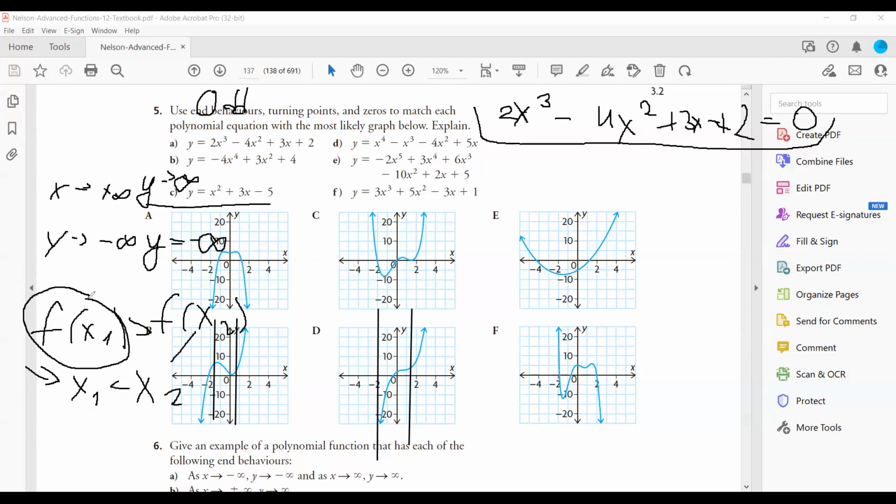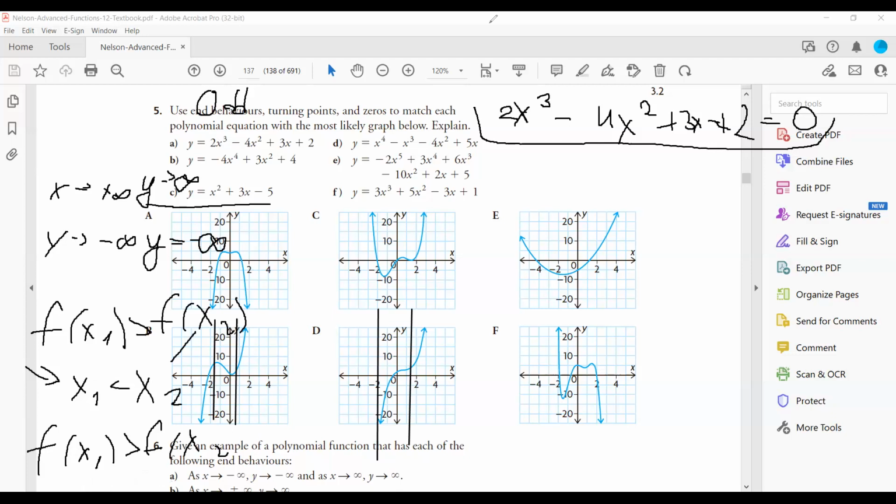So the function was bigger, it turned smaller, so the function is decreasing. And the other way around, if the function was less and it became bigger when x1 is less than x2, it means the function is increasing.